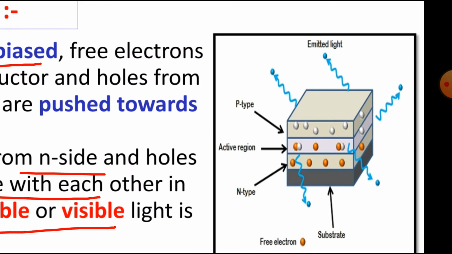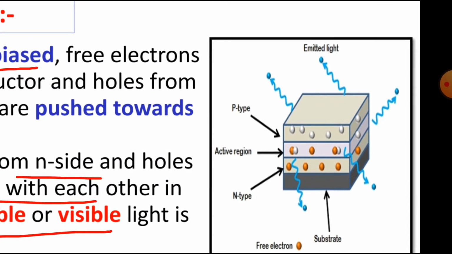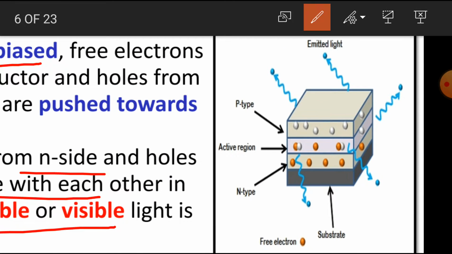That means when the LED is forward biased, the P-type material is connected to the positive terminal of the battery and the N-type material is connected to the negative terminal of the battery, then the diode is said to be in the forward bias mode. What happens in this forward bias mode? Let's see.